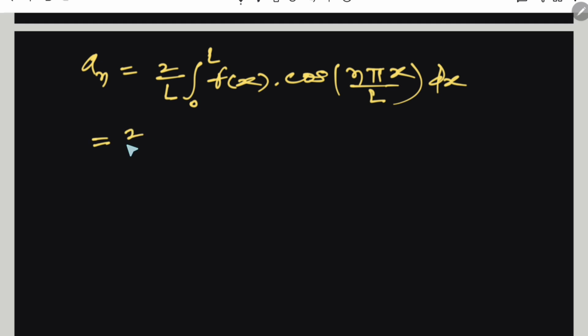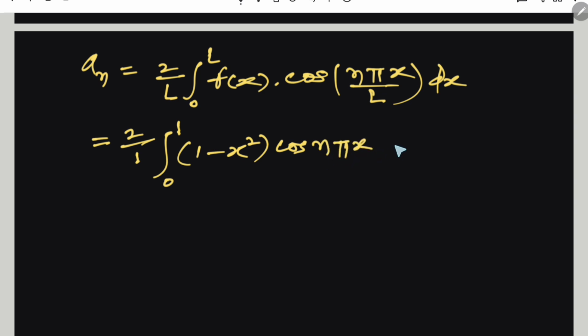Substituting the value of L as 1, integration from 0 to 1, f of x is 1 minus x square multiplied by cos of n pi x divided by 1, means it is cos of n pi x, and its integration with respect to x.